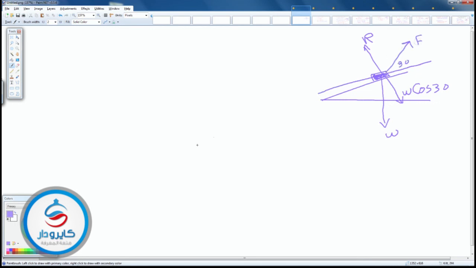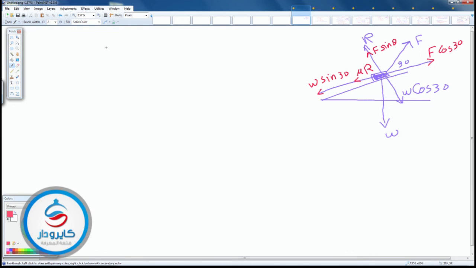This is F. So we have to get the components of F. This is F cosine 30, and this is F sine 30. This is W sine 30, and we also get mu R.